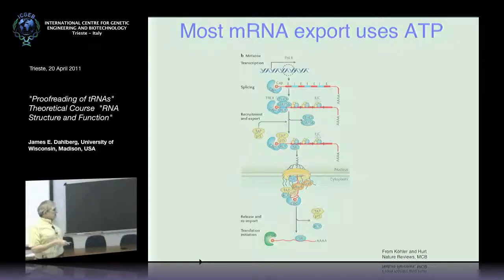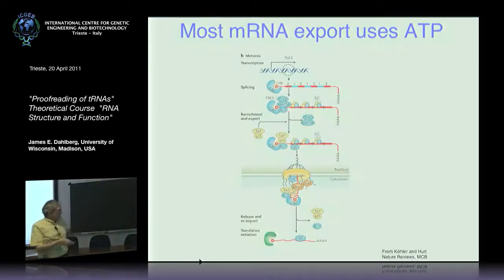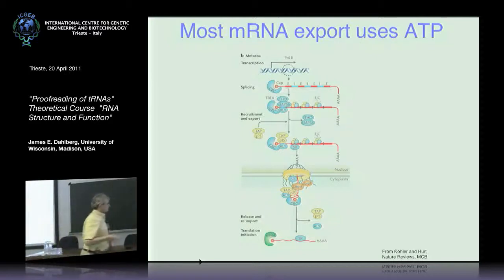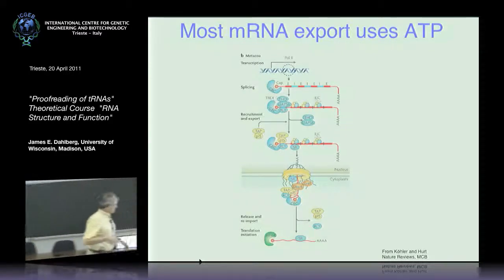So the exon junction complex stays on the message as it goes through into the cytoplasm and plays a role in what Lynne will be talking about, the nonsense-mediated messenger decay.